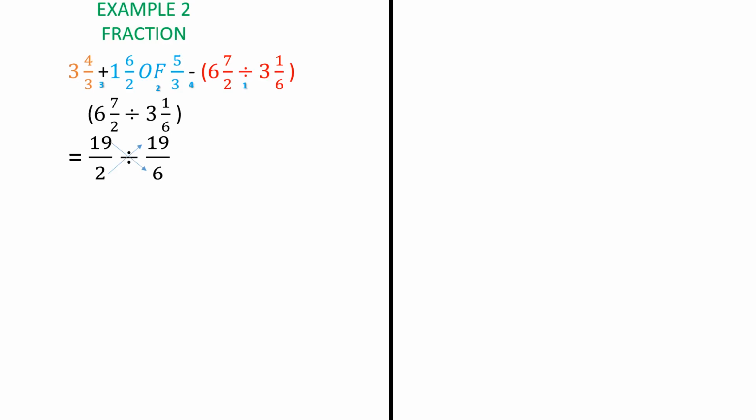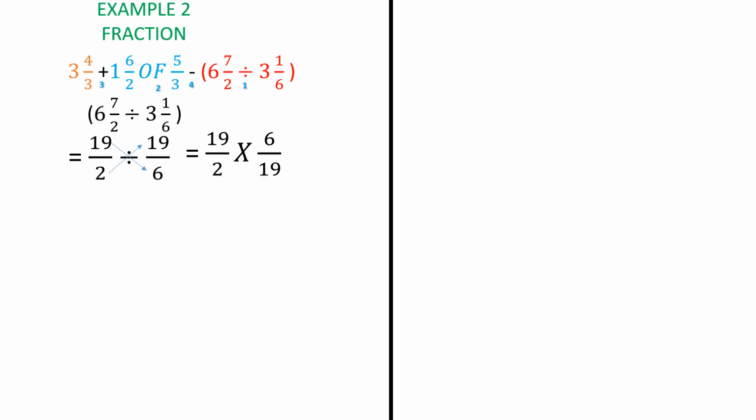How do we interchange the second fraction? We interchange the second fraction by sending the denominator up and sending the numerator down. So let us see what we are talking about. So therefore, if we interchange or if we cross multiply, we are going to have 19 over 2 times 6 over 19.